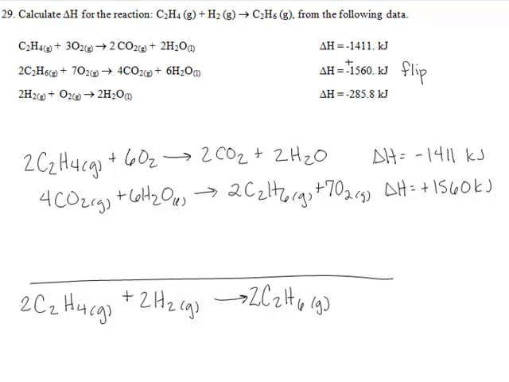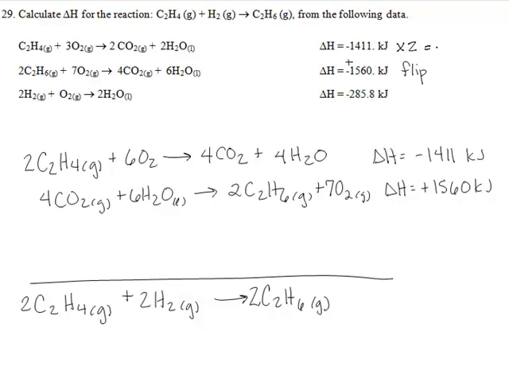plus 6O2 yields 4CO2 plus 4H2O. When we add coefficients to the equation, we also have to multiply the delta H by that much.